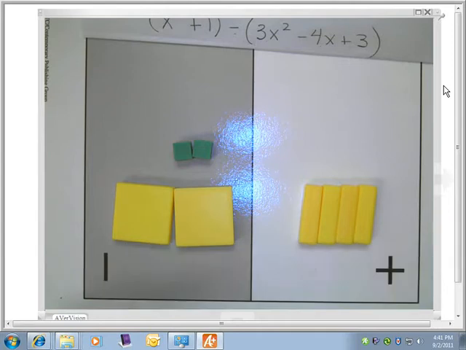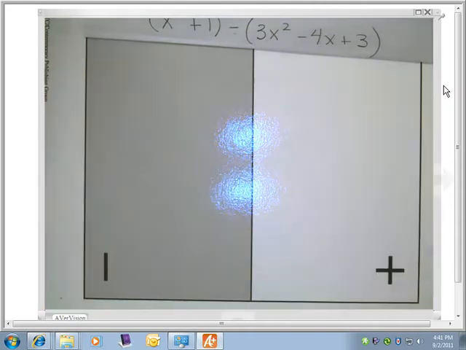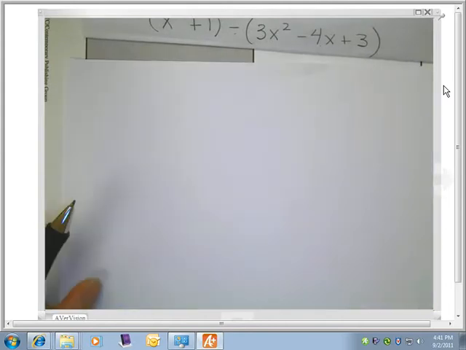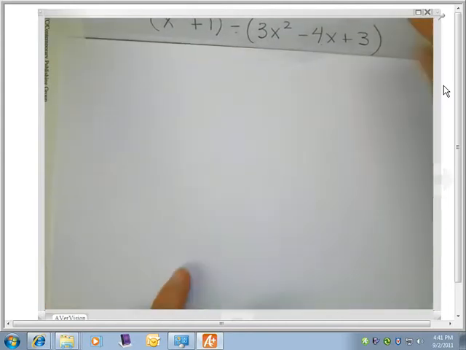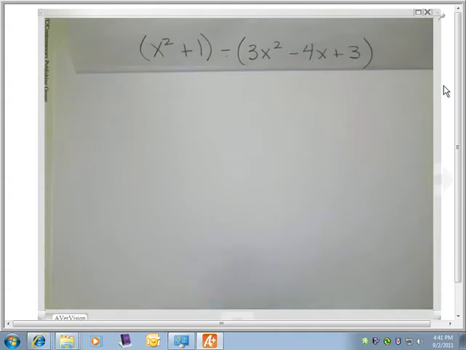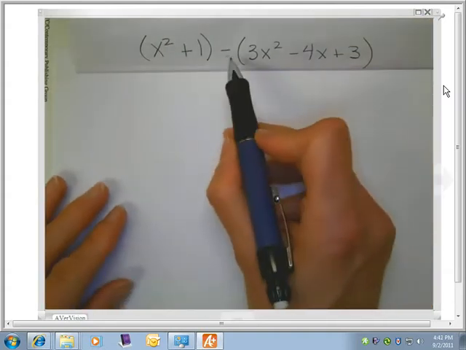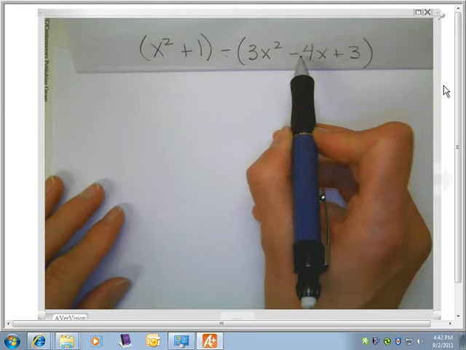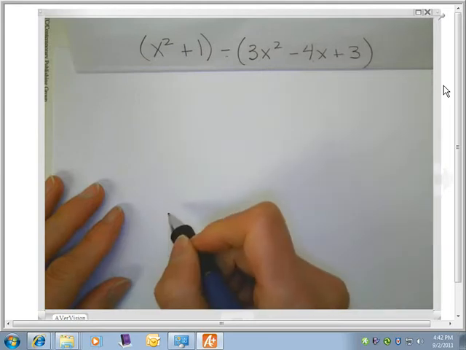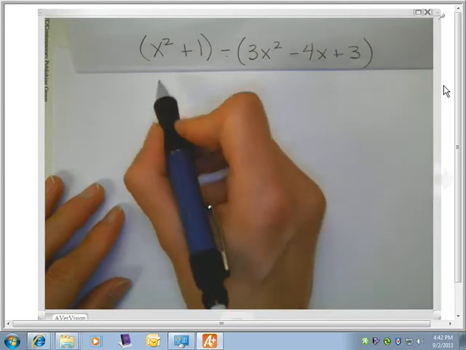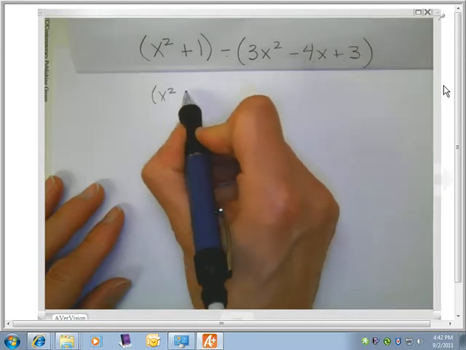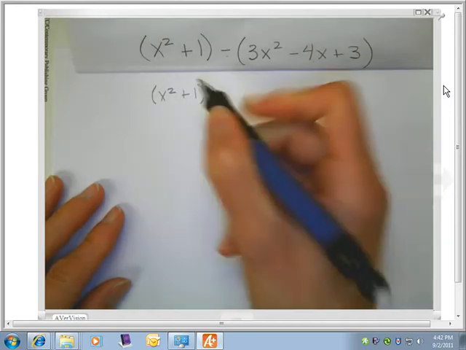Okay, so now let's do this without manipulatives. Same problem. I need a clean sheet of paper. Okay, so what was the first thing I did? The first thing I did was I multiplied everything through by that negative. So this was x squared plus 1.